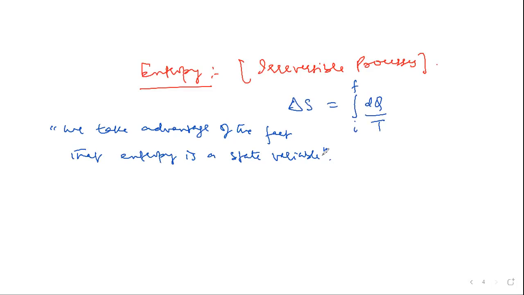That means the difference in entropy between states I and F is independent of the path we choose from I to F. So even though nature may have chosen an irreversible path between I and F for the actual process, we can choose any convenient reversible path for the calculation of the entropy change, right?